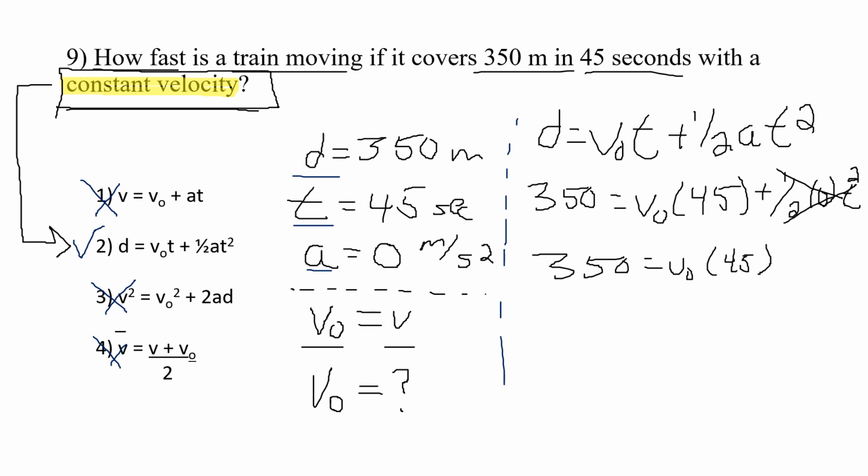I'm going to divide both sides by 45. That's it. I get 7.7 repeating.